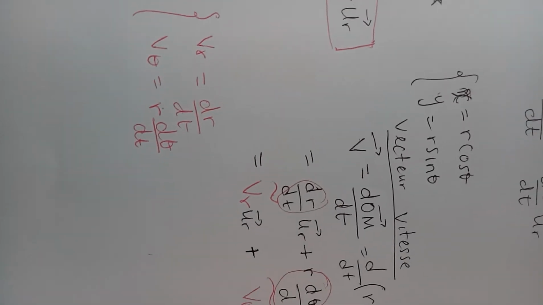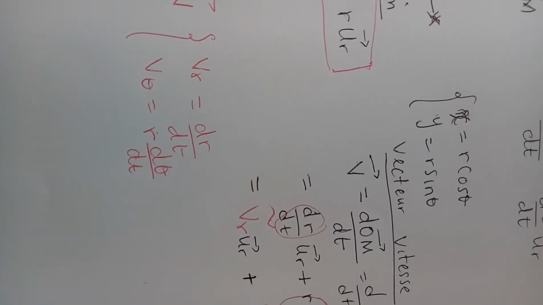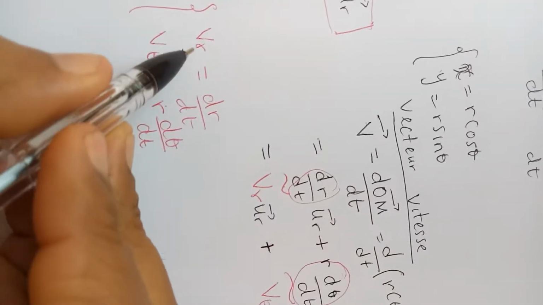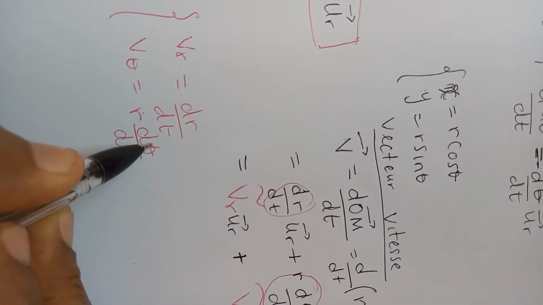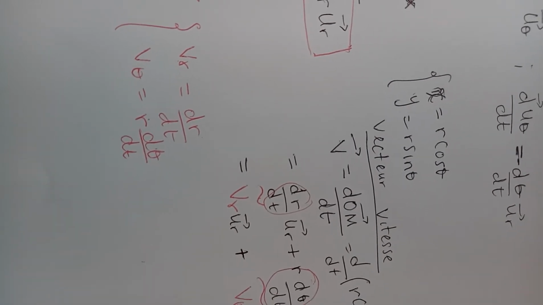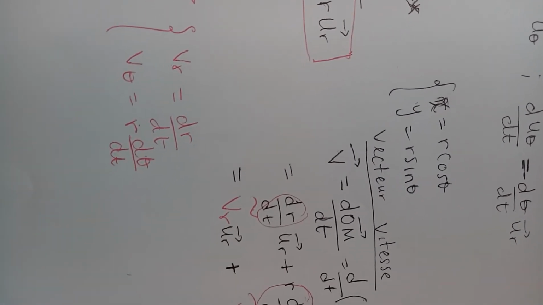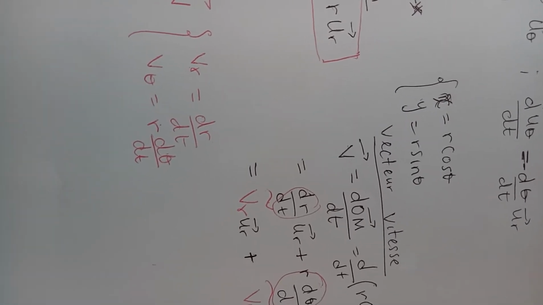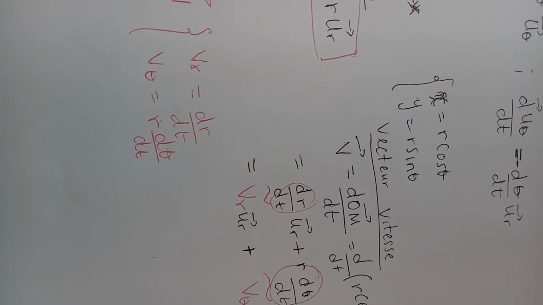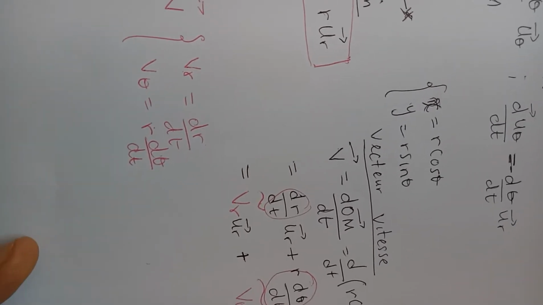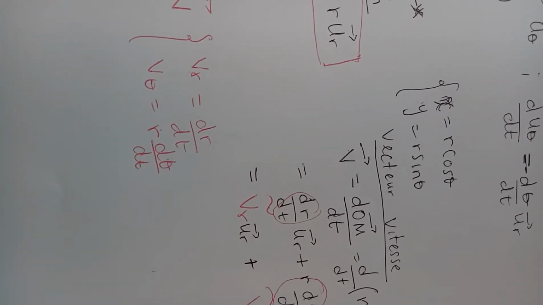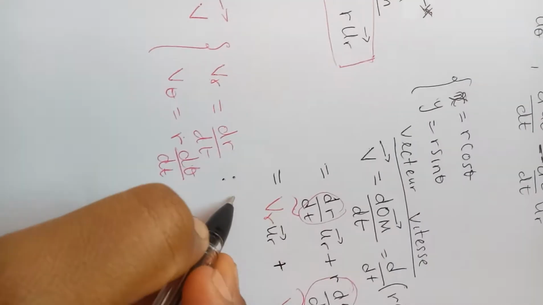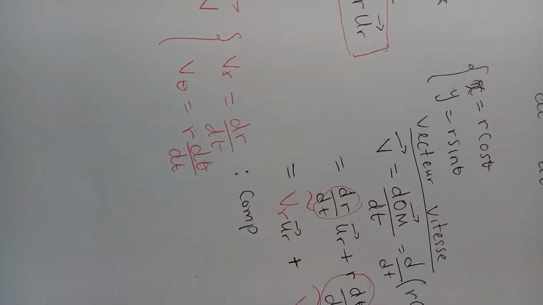You should write this down in your jotter. Now V_r equals dr over dt; you will see in your TDs where they ask you to find the radial component and the transverse component of the velocity. Now what is the radial component and the transverse component? Quite simply, the radial component is your V_r.